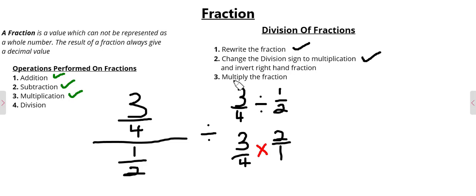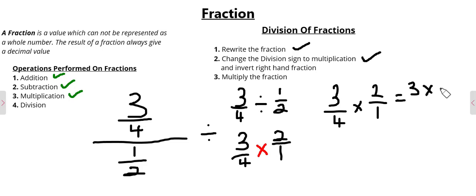Now the last part says multiply the fraction. So let me rewrite it again. So we have 3 all over 4 times 2 all over 1. So what do we have there? 3 times 2 all over 4 times 1.